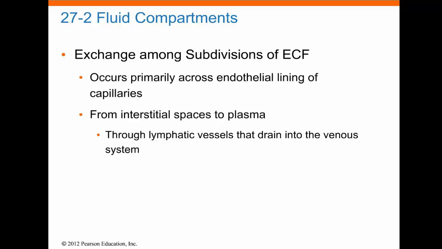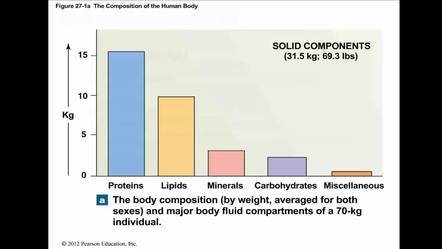So let's look at the body composition by weight averaged for both sexes and the major body fluid compartments of a 70-kilo person. We've got solid components of about 31.5 kilos, and the rest of that is in proteins, lipids, minerals, carbohydrates, and then miscellaneous.